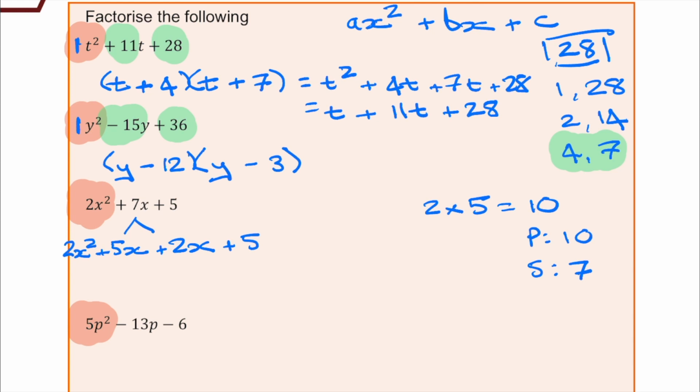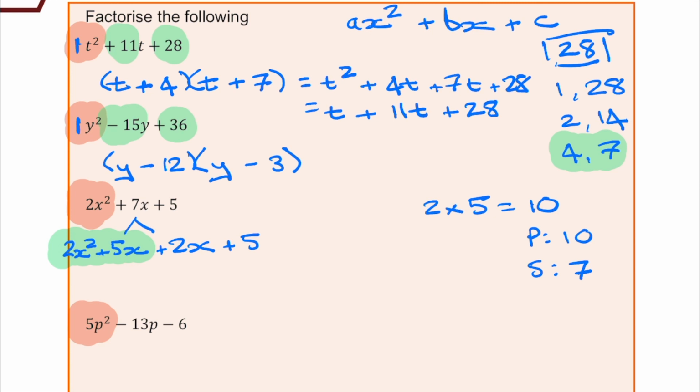Then what you're going to do is some single bracket factorisation. So you're going to take the first two terms that you've got, so you've got this 2x squared plus 5x, and you are going to factorise those into a single bracket. So this is a foundation level skill that's not being covered in the higher course, but you can look back at that lesson if you need to.